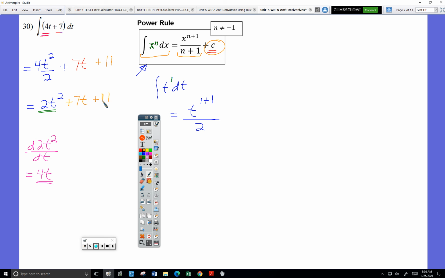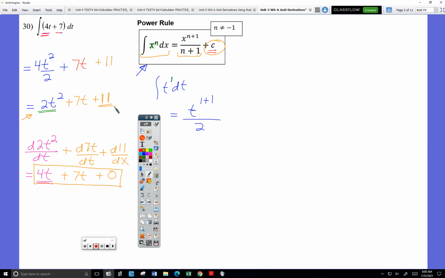And if we had taken the derivative of this formula, we would have used the add-subtract rule to take the derivative of each term separately. And when we take the derivative of that 11, the result would have been 0. But if it had been plus 8, the result still would have been plus 0. So it wouldn't have mattered. So we only have to worry about the plus c at the very end. You don't have to worry about it as you're going along. Does that make sense?